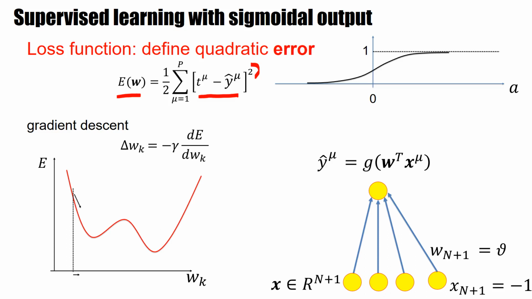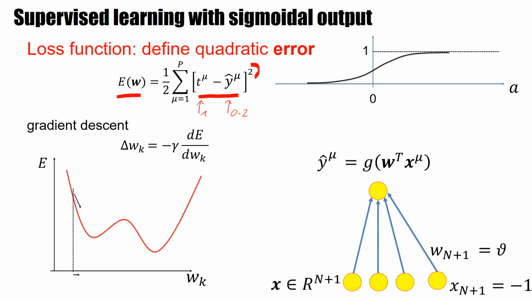So what we compare here is the target output with the actual output of my network. For example, for one pattern mu, pattern number 7, the target output could be 1, and the actual output is 0.2. I have a difference of 0.8, and I square this difference.